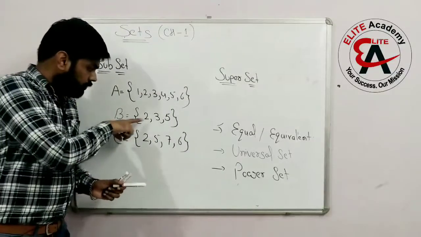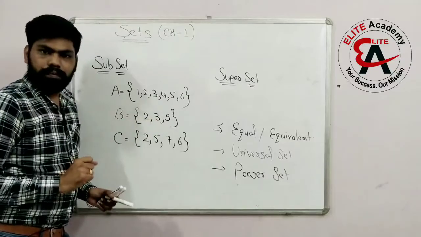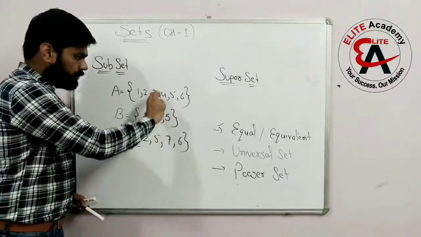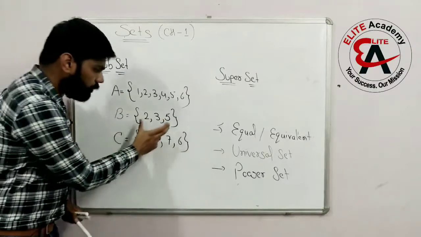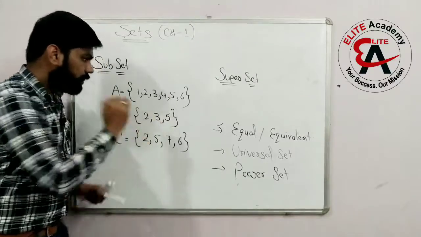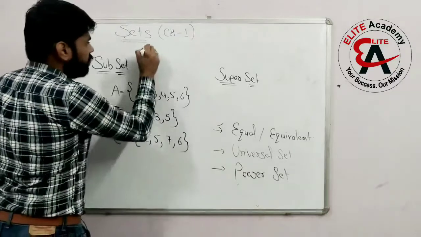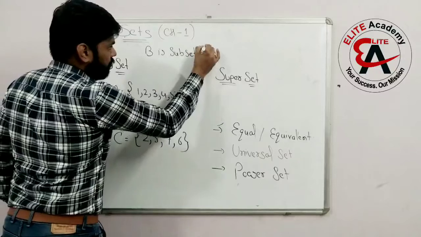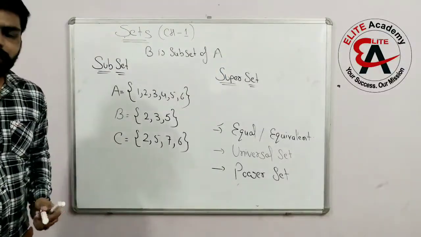If I talk about B, B has 3 elements 2, 3 and 5. And if you look, 2 is taken from A, 3 is taken from A and 5 is taken from A. It seems the whole B set is taken from the A set. Or I can say the B set is a part of the A set. So I will say B is a subset of A.